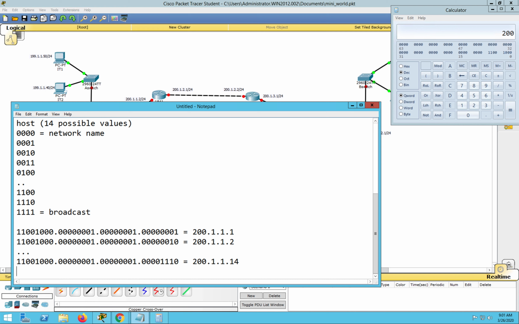And then finally, this number right here is number 15. But guess what? This is known as the broadcast address, because all of these values are set to 1s for the host. And of course, the 4 zeros at the beginning end up being the network number.